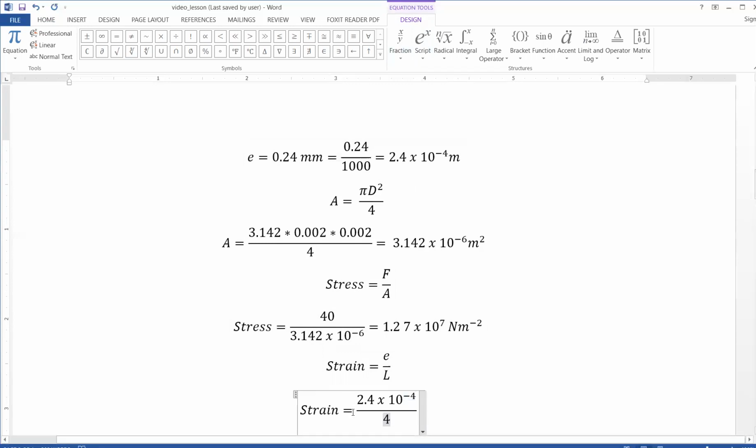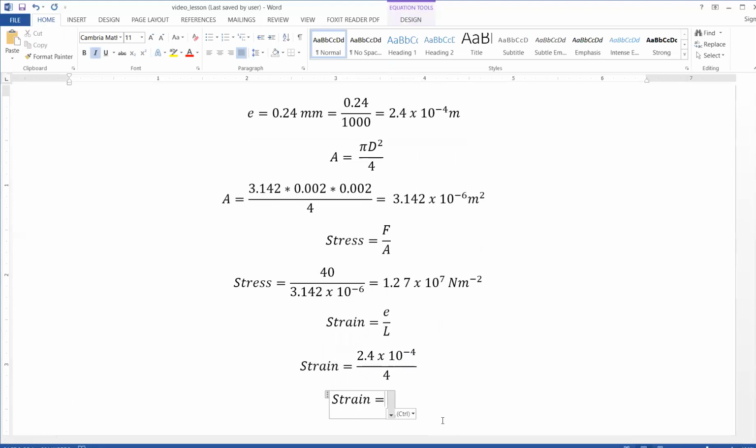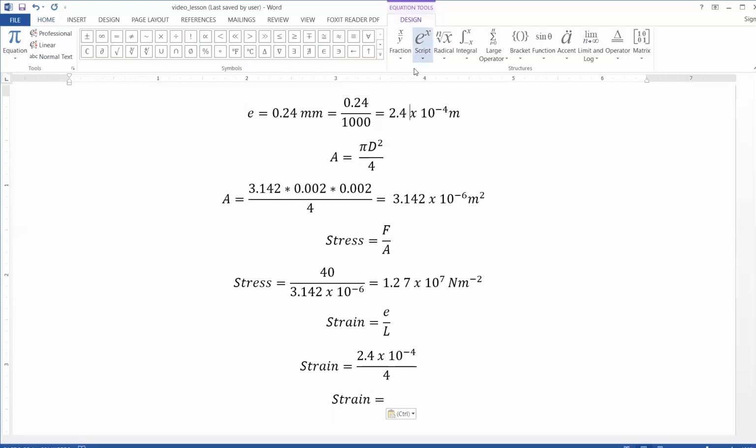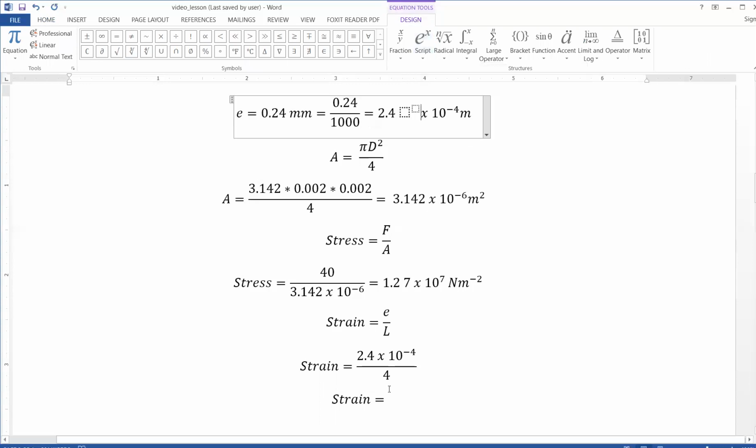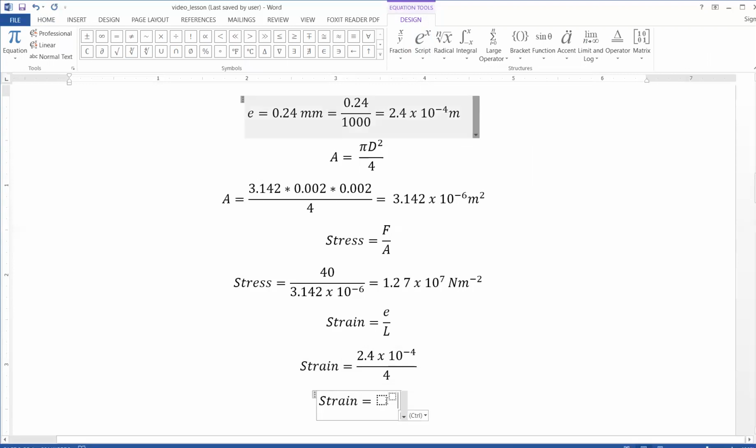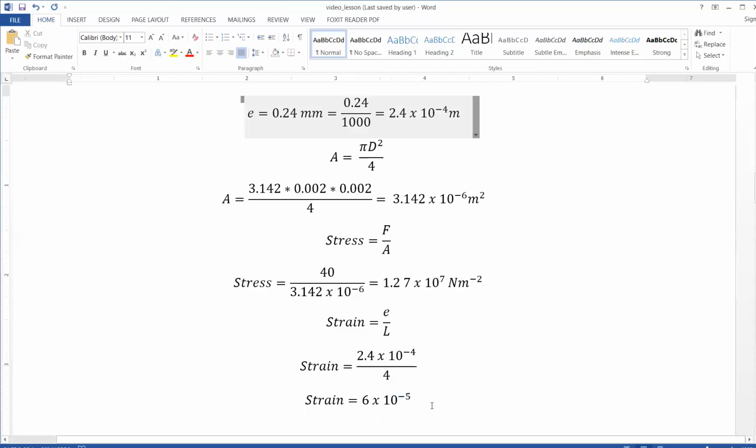That gives 6 times 10 to the power minus 5. Notice that strain has no unit, so you leave it that way. So this is the strain.